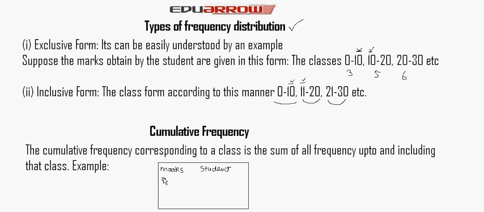There are 2 students who get marks 0 to 10, 3 students who get marks 10 to 20, and 5 students who get marks 20 to 30. This is the frequency of the students, and cumulative frequency we show by CF. In the first class we take 2.